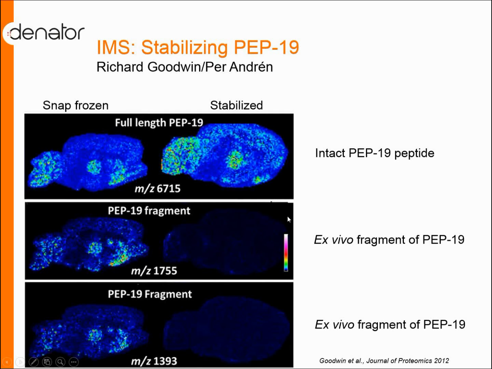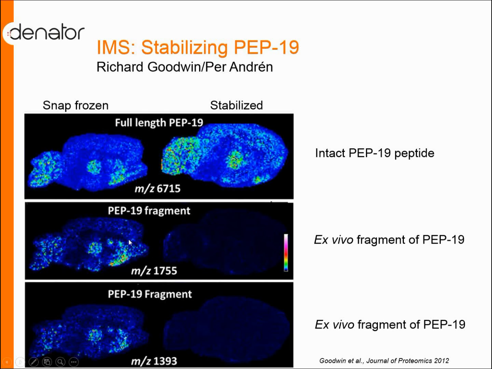What's interesting, however, are the two lower panels, where we see lower masses, M/Z 1755 as well as 1393. These two have been identified as fragments, shorter degraded versions of the PEP19 molecule. We see the distribution is roughly the same, so that makes sense. But what's really interesting is that they're almost exclusively found in the snap frozen sample and not in the heat stabilized.